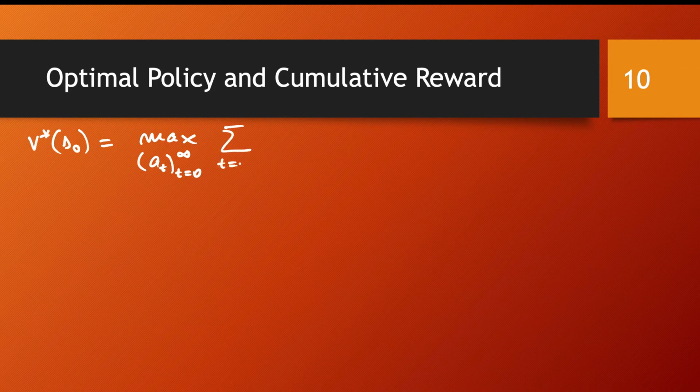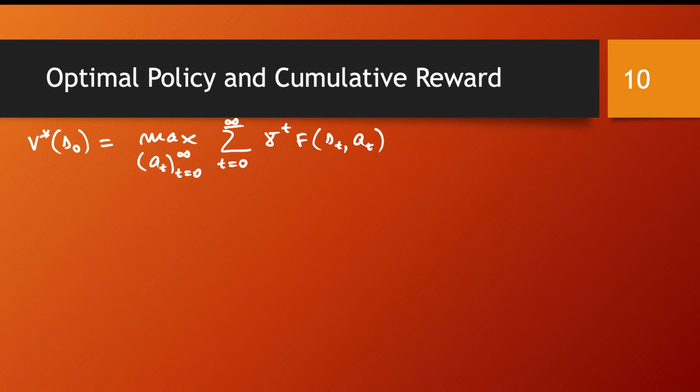And this is going to be obviously the sum along all the actions. So from 0 to infinity, we have this discount rate, gamma to power t, times the reward we are getting in state ST with action AT. So this is the optimal policy. Obviously, by definition, it's exactly what I wrote in here. It is the maximum cumulative reward over any possible sequence of actions.